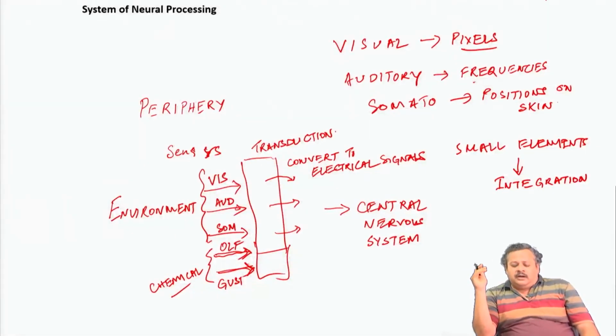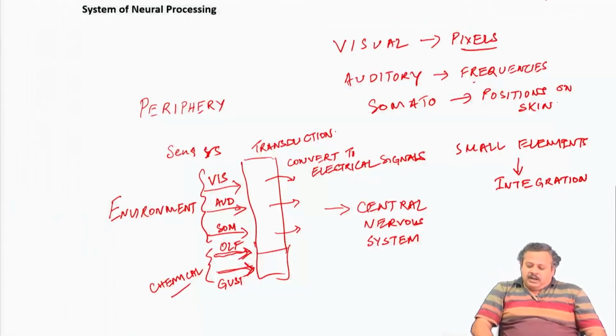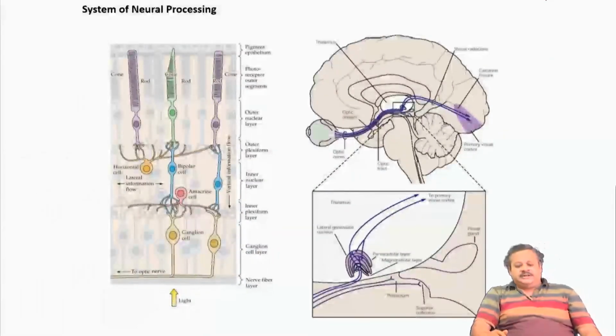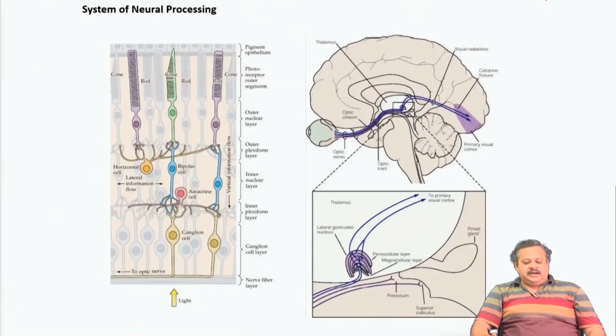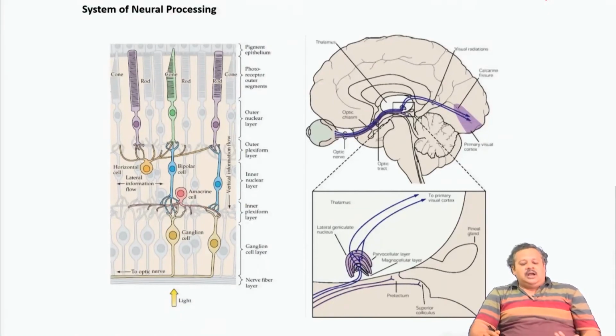So, now let us go into a little bit more detail of the different systems that we have, just so that we have an idea when we talk about neuronal encoding and decoding. So, in the visual system, as we have said, the hierarchy is like this, that it starts with the retina. On the left hand side is the retina, where light is falling on the retina from the bottom side, and there are photoreceptors that are rods and cones.